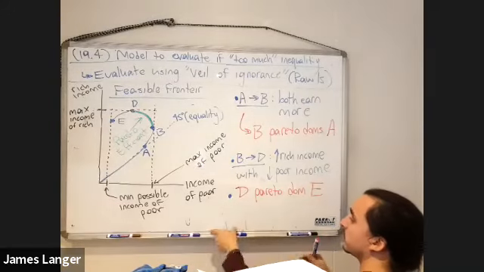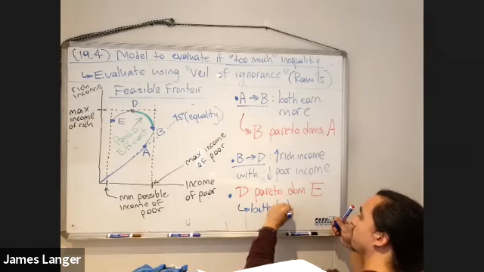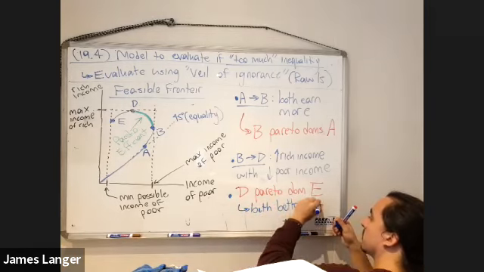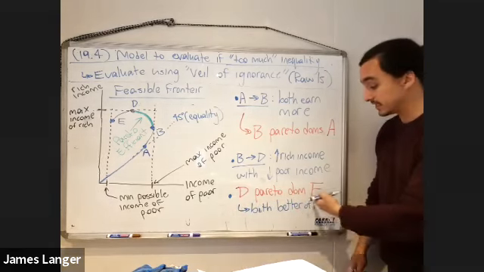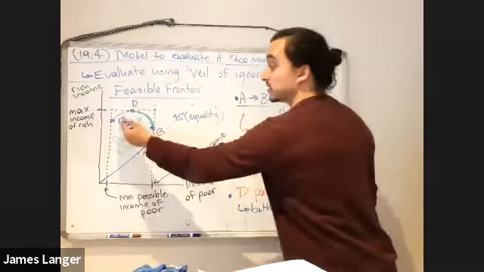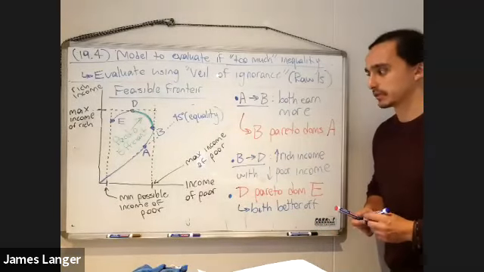Why? Because both would be better off. Okay, we can see that D Pareto dominates E, because when we go from E to D, both are better off. So it's definitely Pareto dominant.